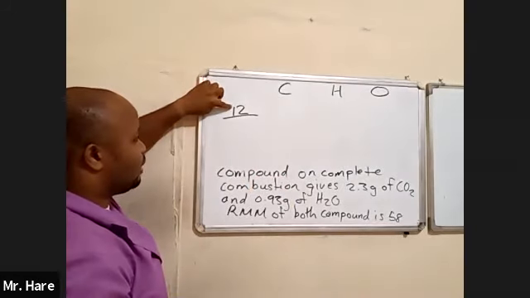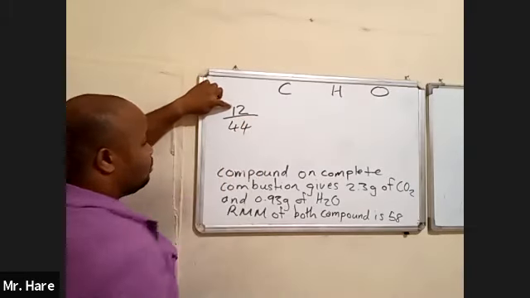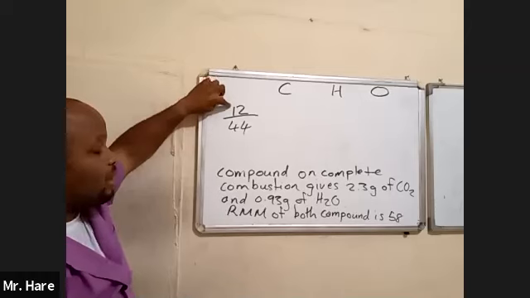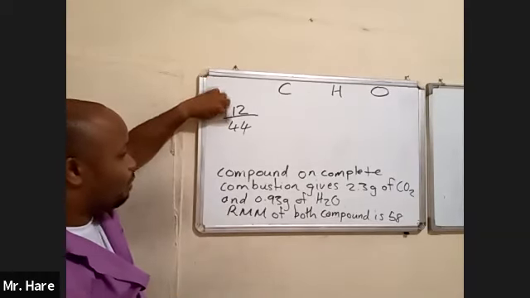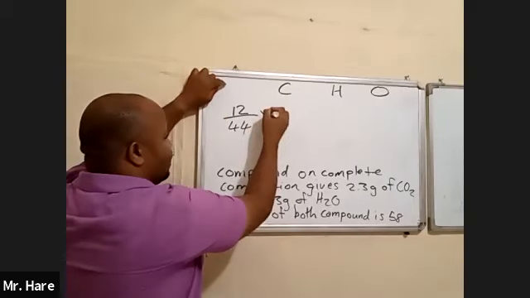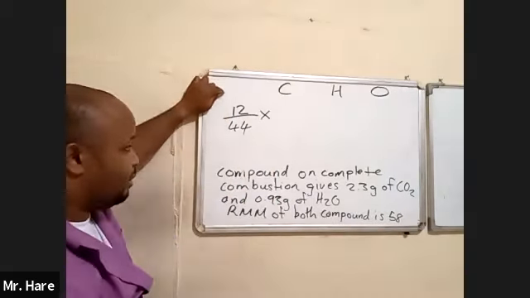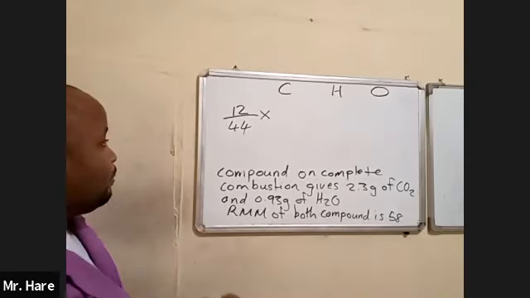In the interest of time, just know that if you want the mass of carbon, you put the relative atomic mass for carbon over the molar mass for CO2. So 12/44 times whatever mass of CO2 is given. What is the mass of CO2 from the question? 2.3. So what are we working out? The molecular formula? No, empirical.